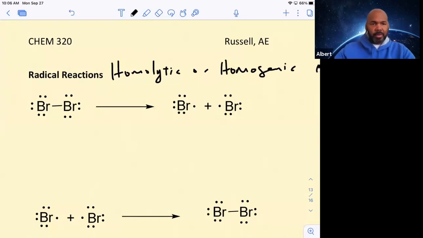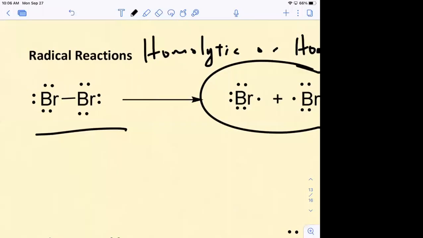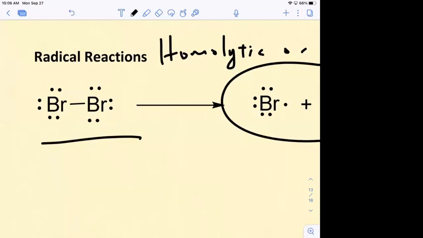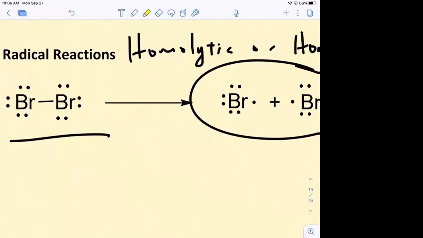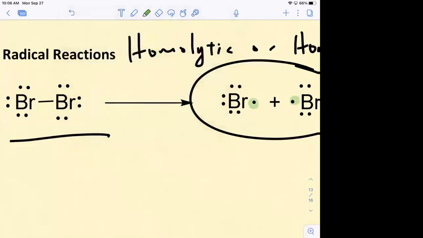Let me turn this off. Right, look at what we have over here compared to here. What happened? I broke the bromine sigma bond. And based on the fact that each one of these got one electron here and here, how did I break the sigma bond?